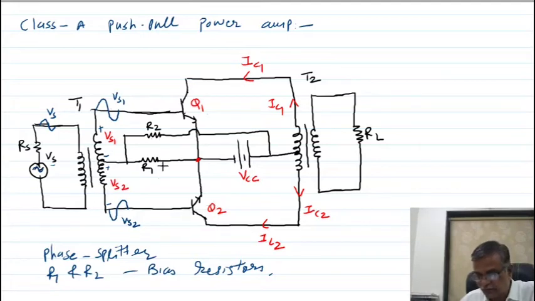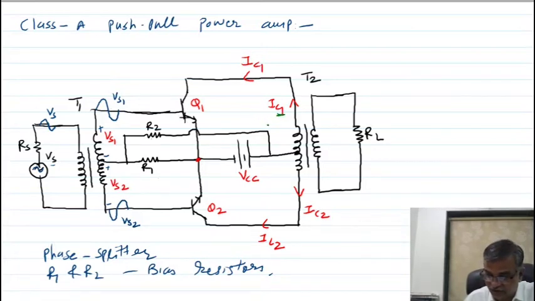This provides the proper DC voltage between base and emitter. As a result, the collector current will flow for both halves of the AC input cycle. You know what class A operation is? In class A operation, collector current flows in both halves of the AC input cycle.